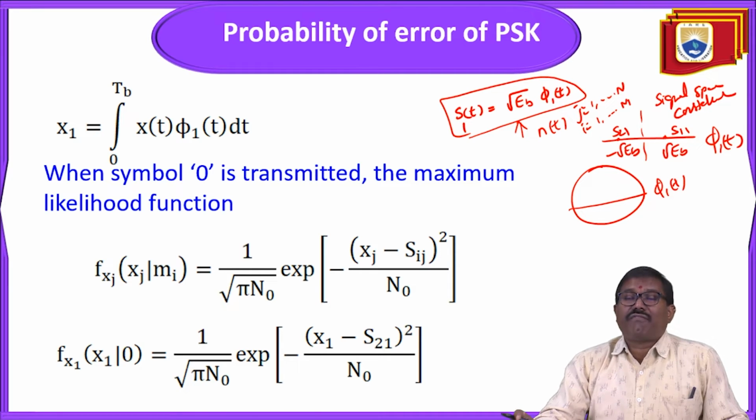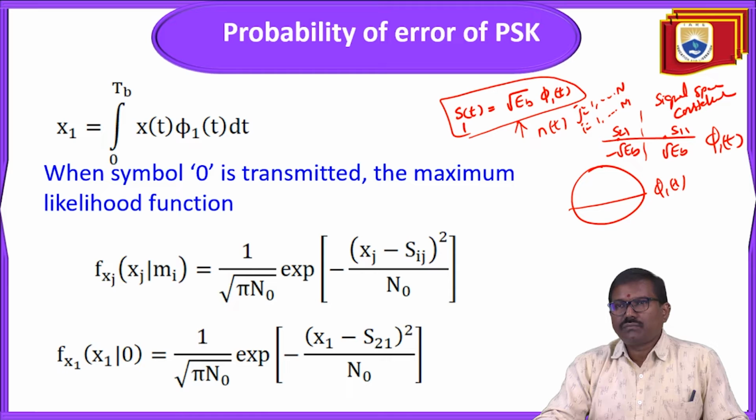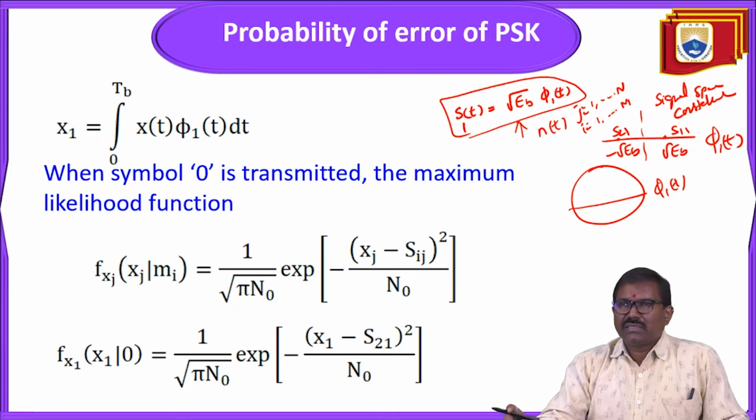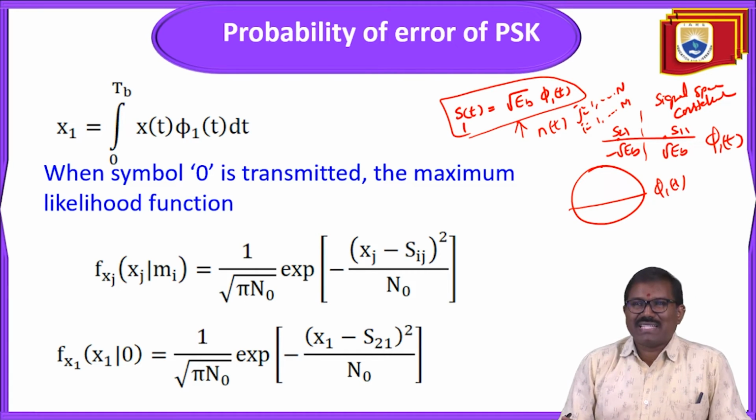That means the first signal projected on the first basis function, that is S11. And another one is S21, that is the second signal projected on the first basis function. So that notation is used here, Sij.